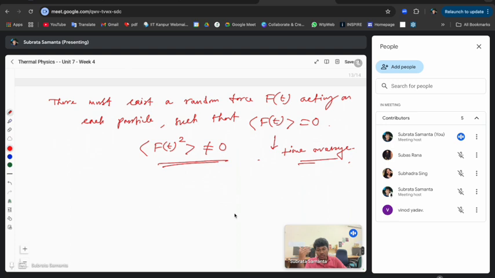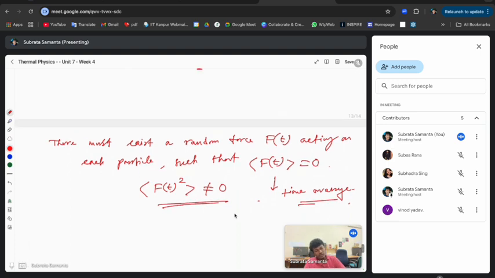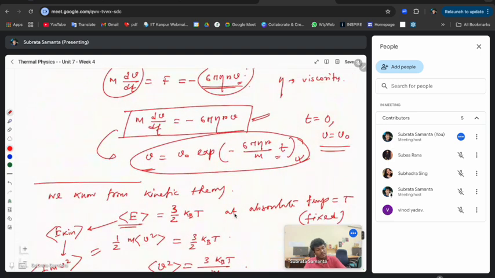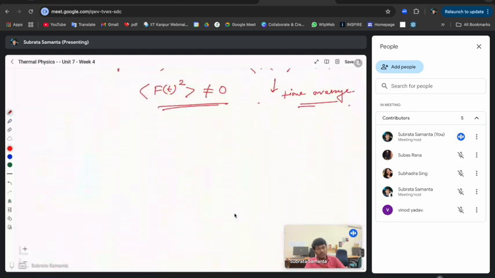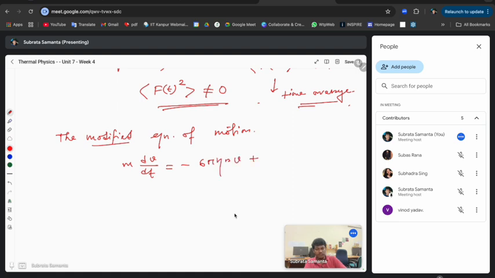Then the equation of motion is modified, because v does not fall exponentially with time. So there must be some random force. The modified equation of motion is m dv/dt equals minus 6 pi eta r v plus a random force Ft.